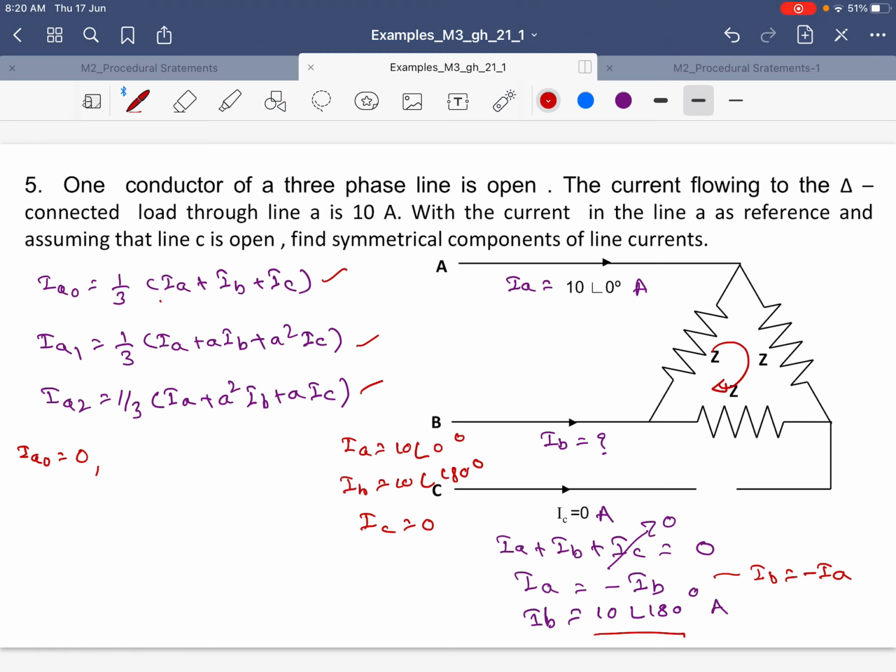Then to get the value of IA1, just substitute all the values of IA, IB, IC in this equation, so that the IA1 I am getting here is 5.78 at an angle of minus 30. I will erase these values here.